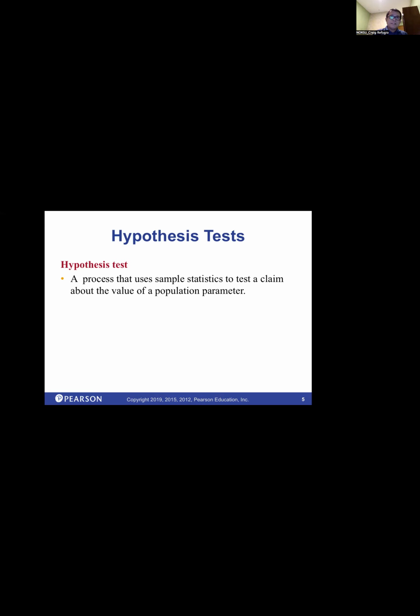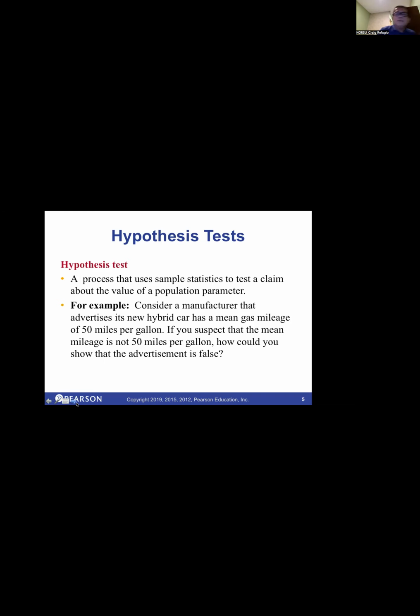So take note that the sample is representative of the total population. So in the entire hypothesis testing, you must know first what is the population of the study, and you must also know the sample data. That's why we're talking about population parameter and sample statistics.